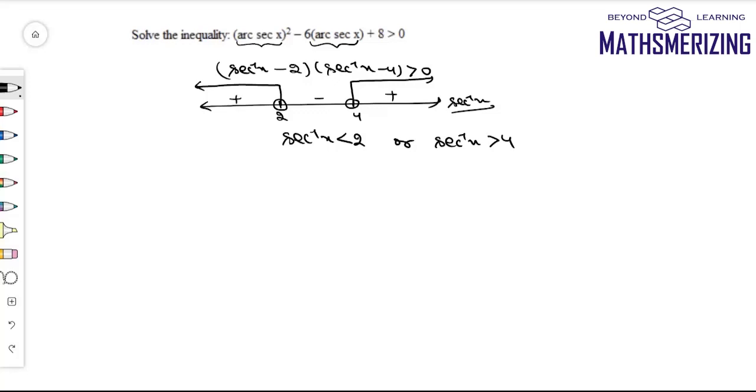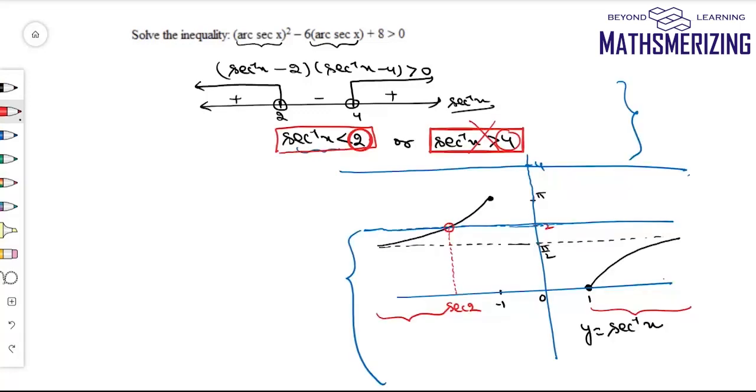Now in order to determine the value of x, I'll draw the graph of secant inverse of x. Secant inverse of x cannot be greater than 4 because its principal value ranges from 0 to pi, so it cannot take a value greater than pi. Now in order to find the interval where secant inverse of x is less than 2, I'll draw a line at y equals 2.